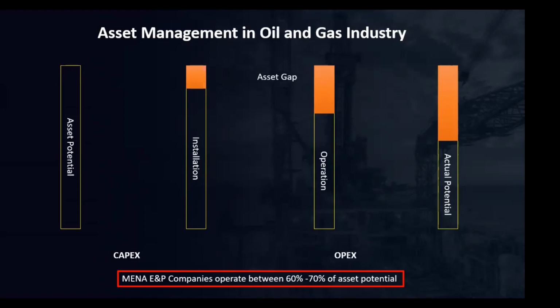The study mentioned here says that in the MENA region, the Middle East and North Africa, exploration and production companies operate at between 60 to 70% of asset potential. I am presenting this slide on asset management because, in the end, optimization is going to minimize the gap that we have in our asset, and we need to minimize the OPEX for that.